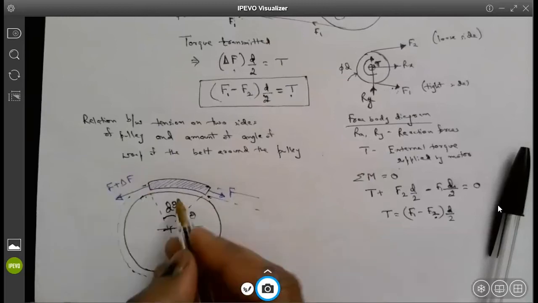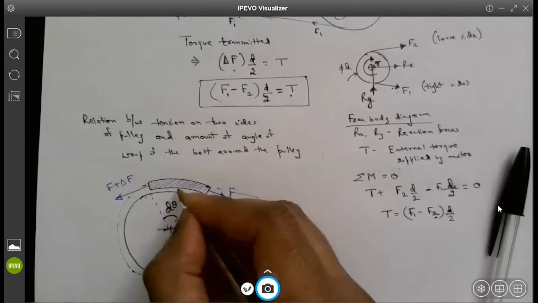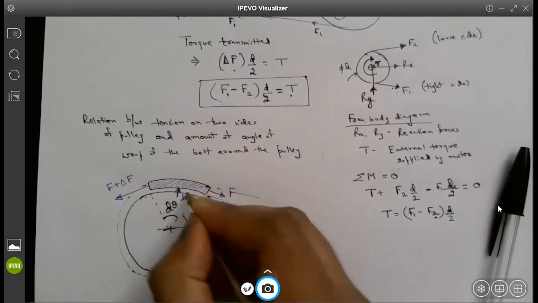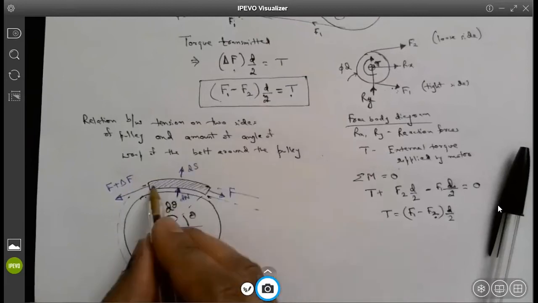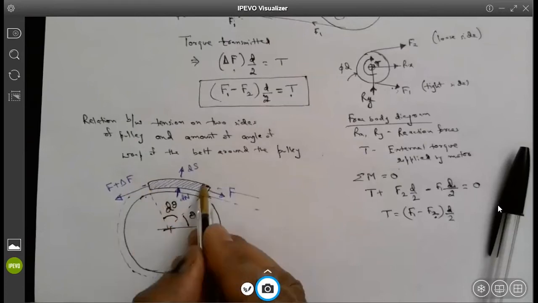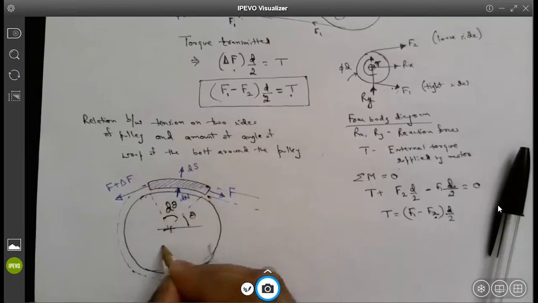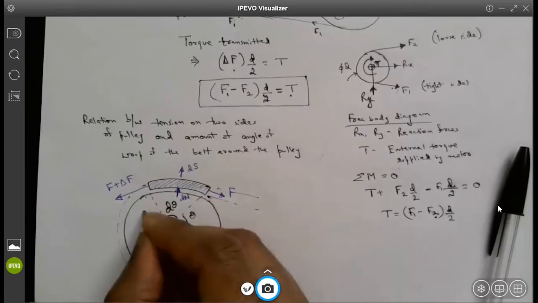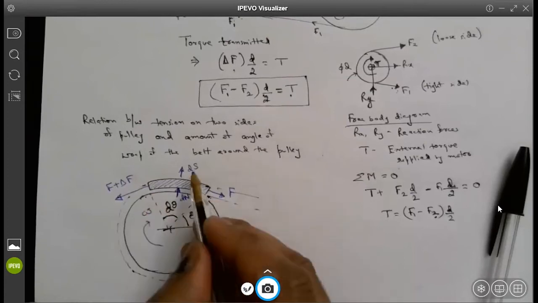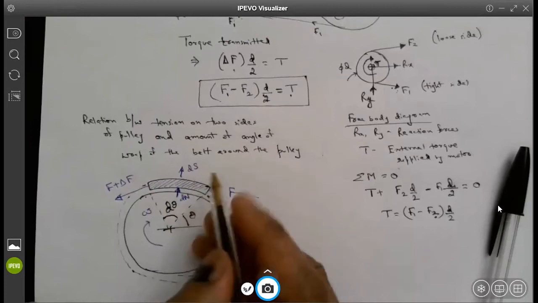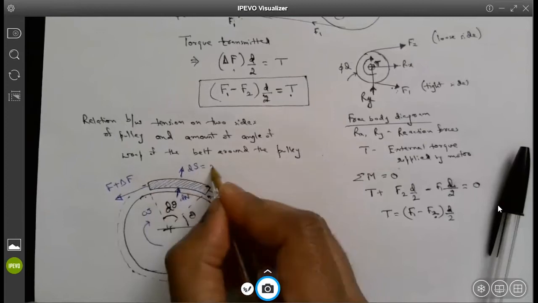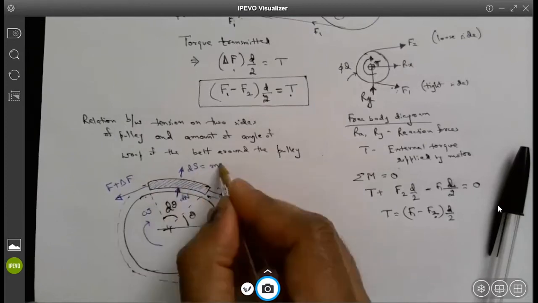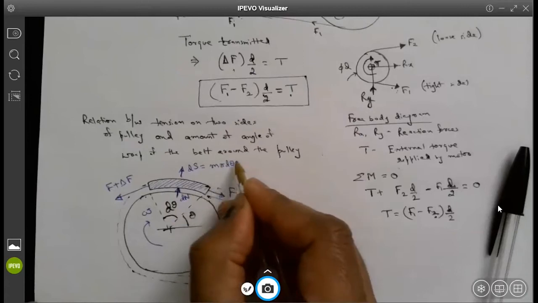Because of the contact, it will have a normal reaction force with the pulley, let's say given by dN. It will also have a centrifugal force, because this differential element of the belt has a certain mass and is rotating at a speed omega. If the pulley is rotating at an angular velocity omega, the centrifugal force is given by the differential mass, which is m times r d theta.